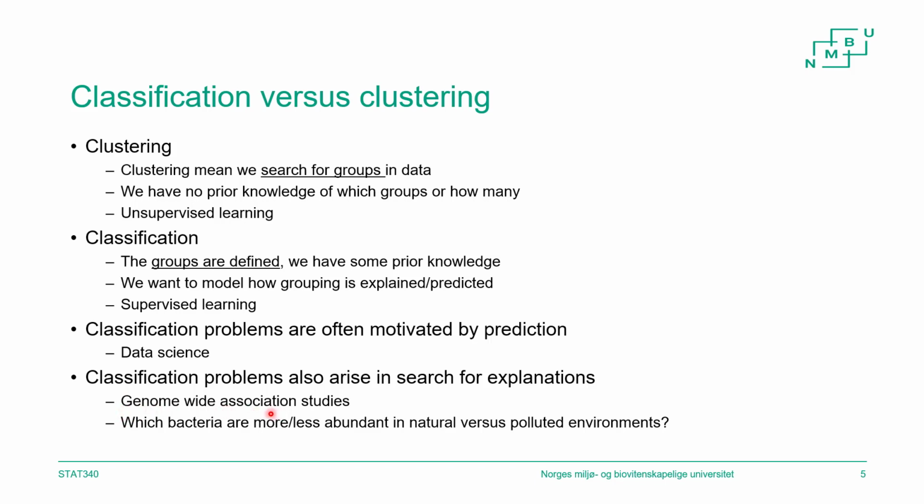Genome-wide association studies. That's very typical in bioinformatics, where you have measured genetic quantities, you could say. You quantify the genetic information in some way, and then you want to understand how this associates with different classes.